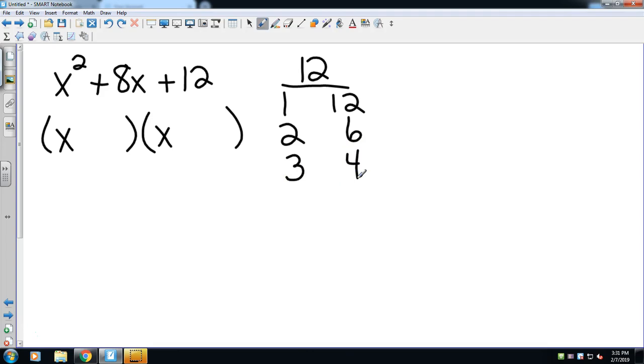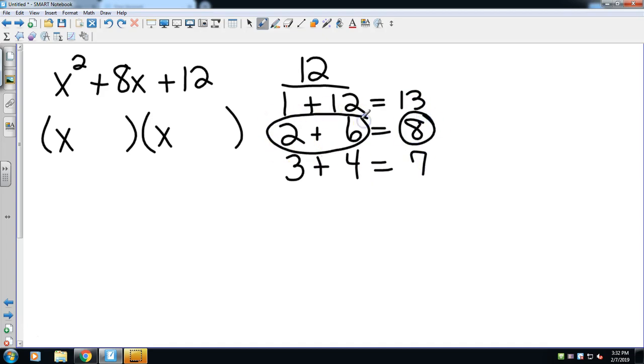We're going to find out which of those factors will add together to give me that 8 that's in the middle. Well, that's 13, there's my 8, and that's 7. So those are my two factors, which means those are the values that go at the end of my parentheses.